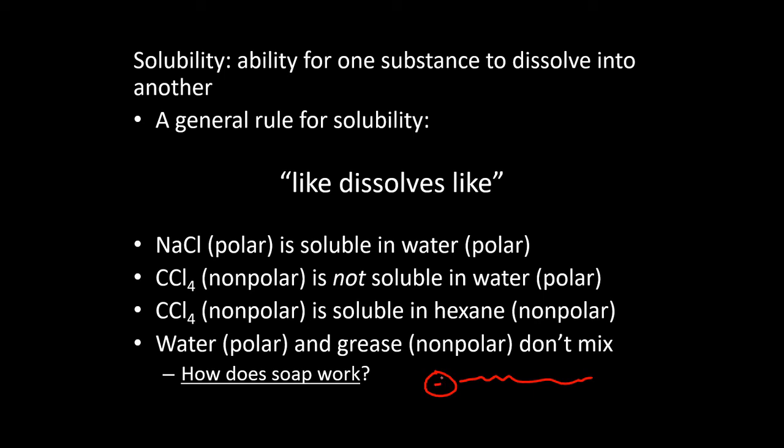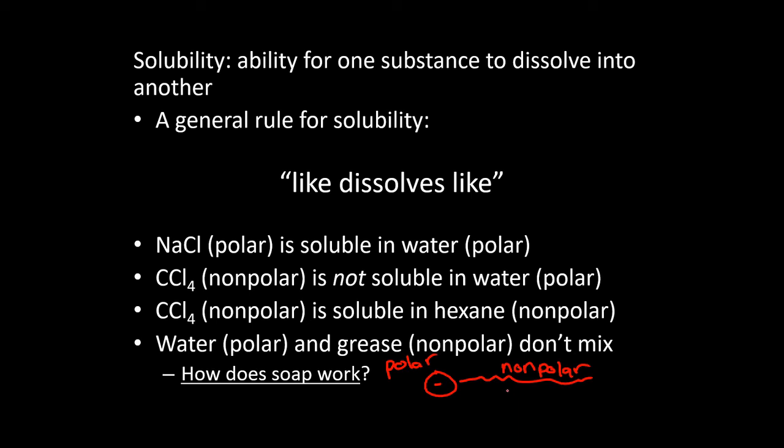So you have a big polar group at the end of the molecule, and that is attached to a big nonpolar section of the molecule. So this is usually like carbon and hydrogen bonds of some kind. So you have a polar head group, and then a nonpolar tail. This is what it's usually called.